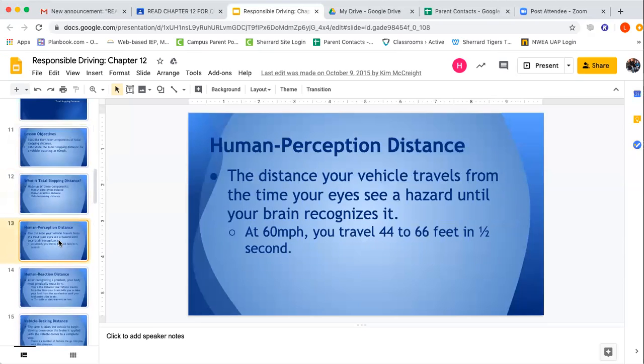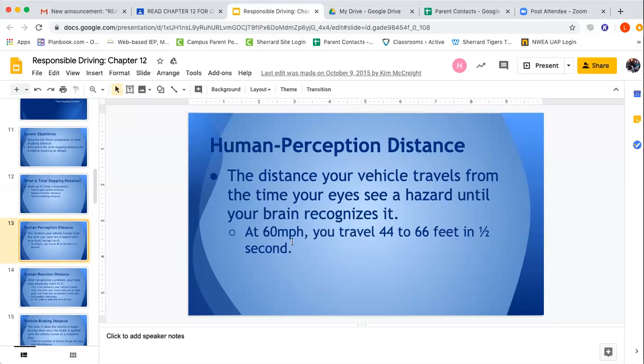So the first one, human perception distance. That's the distance your vehicle travels from the time your eyes see a hazard until your brain recognizes it. So your perception of, you know, there's a raccoon in the road up ahead, I now see it. It's that time between when your eyes recognize or you see it and you're making that quick decision on what to do.